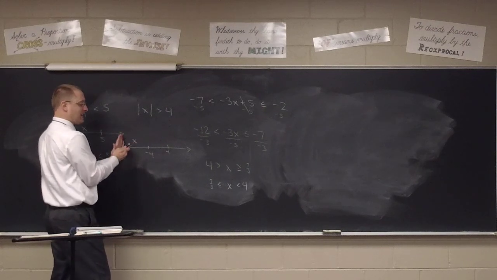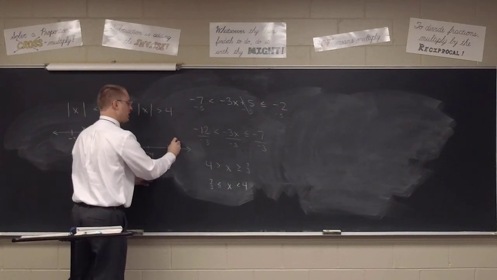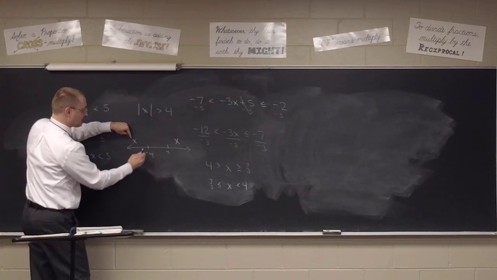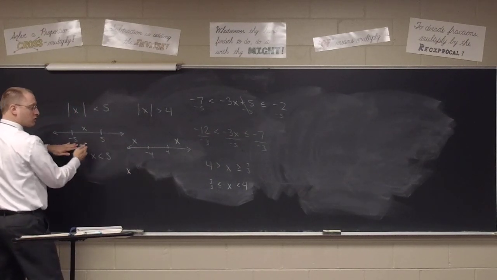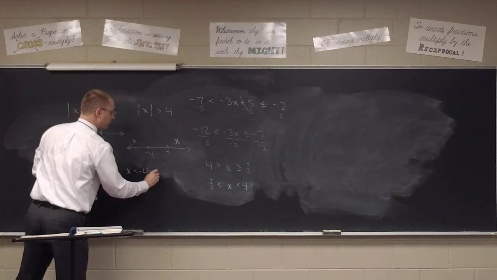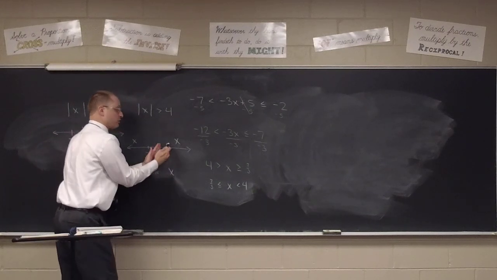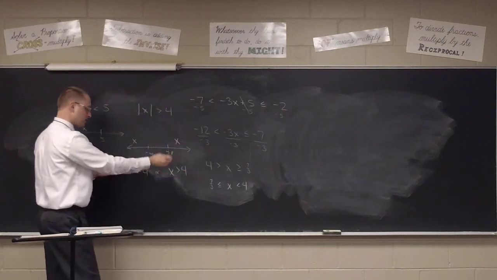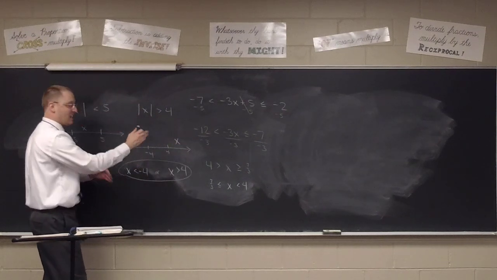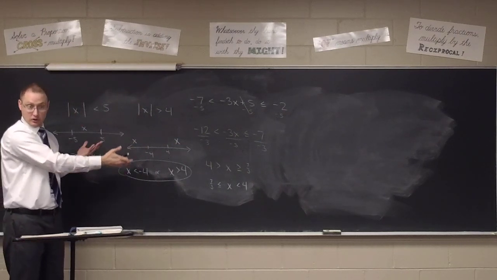It's everything here or everything here. So x is smaller than negative 4, or my x values are greater than positive 4. I ended up with 2 separate pieces to my answer here.